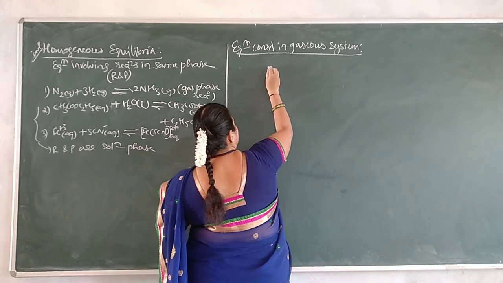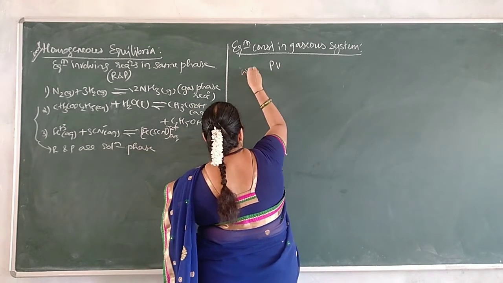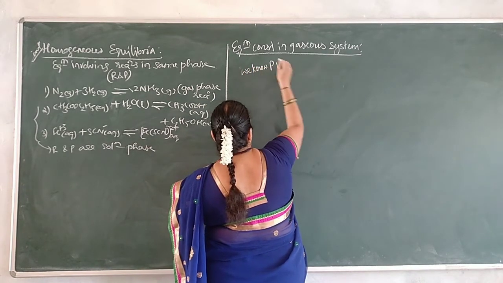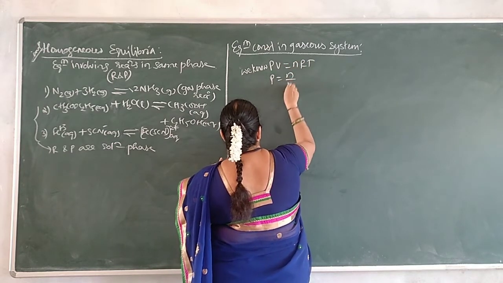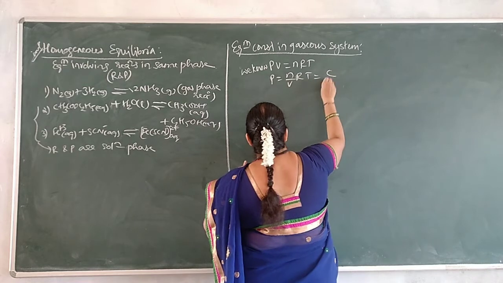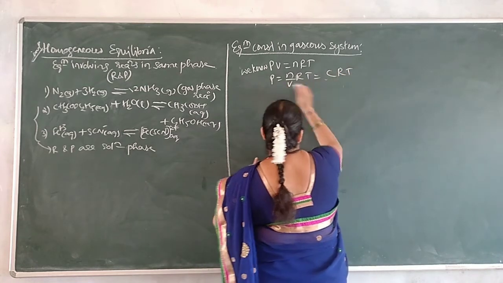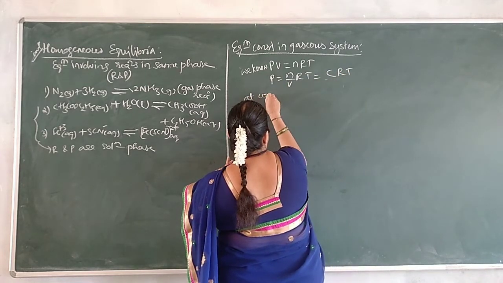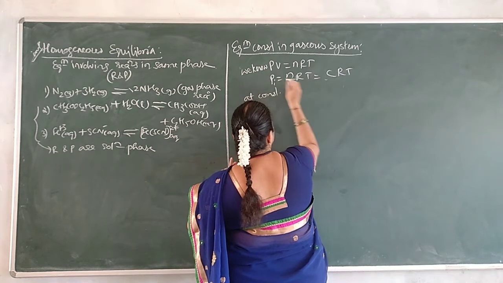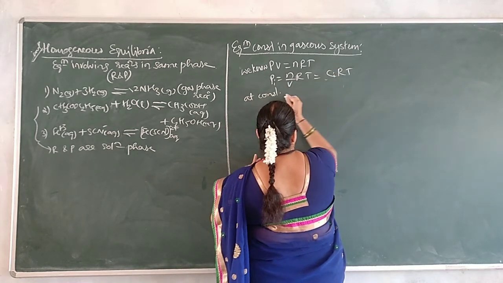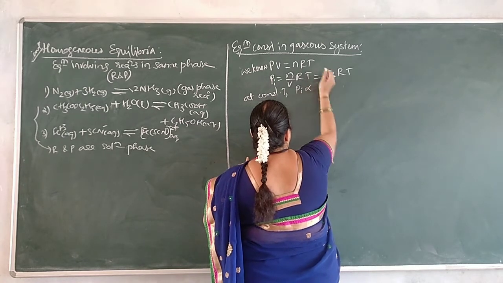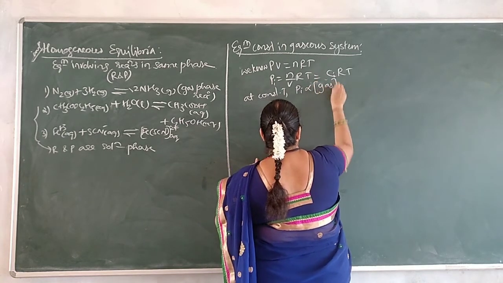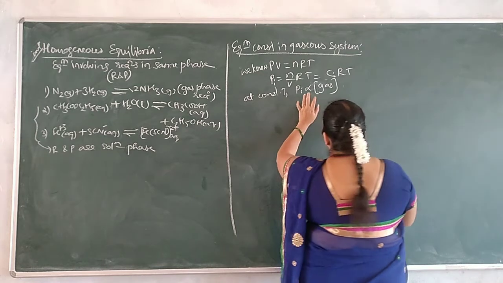We know PV is equal to nRT, or P is equal to n by V times RT, that is equal to CRT. That is, at constant temperature Pi is equal to CiRT, so at constant temperature Pi is proportional to the concentration of the gas. This is the relation we have.